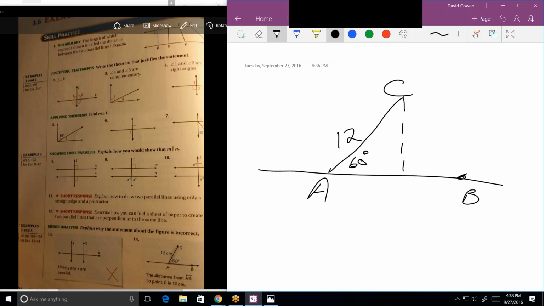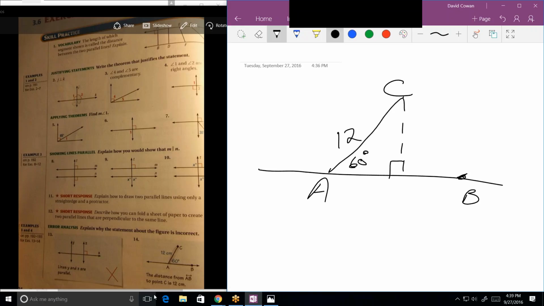When they ask about the distance from line segment AB to point C, that's always implying a right angle there. And if that's a right angle, then there's no way this distance could possibly be 12. It has to be less than 12.